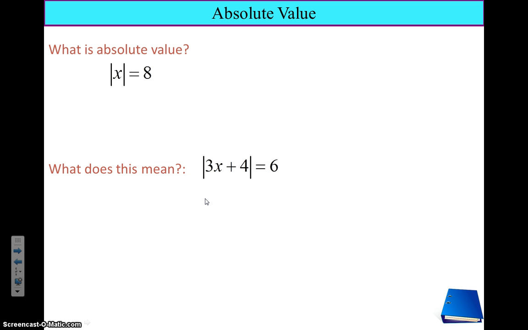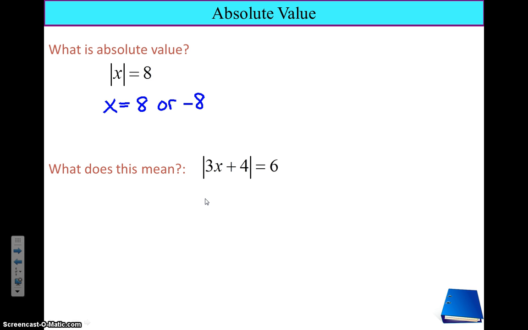Well, our answer to this is that it's positive 8 or negative 8. Because what absolute value is really asking you is what expression inside is a distance away from 0 of, in this case, 8.